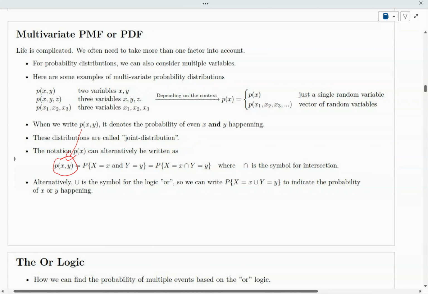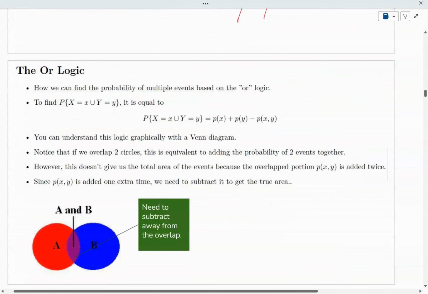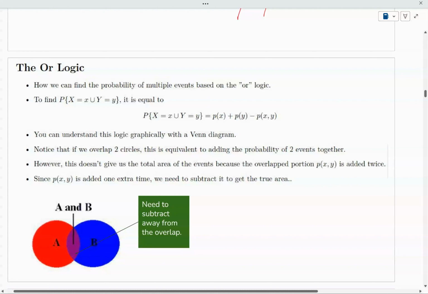Okay. So if this symbol is intersection, or "and", then if we do the opposite of this with a U symbol, the logic is "or". If we write something like this, that is saying: what is the probability of X happening or Y happening? Which is a different logic, right? A and B is different from A or B. So how can you find the probability of multiple events based on the OR logic?